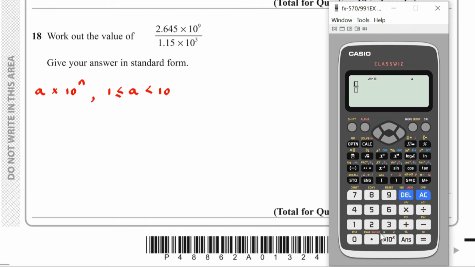So, if I type this in, I've got 2.645 times 10 to the 9 divided by 1.15 times 10 to the 3. So it turns out we get a value of 2,300,000.